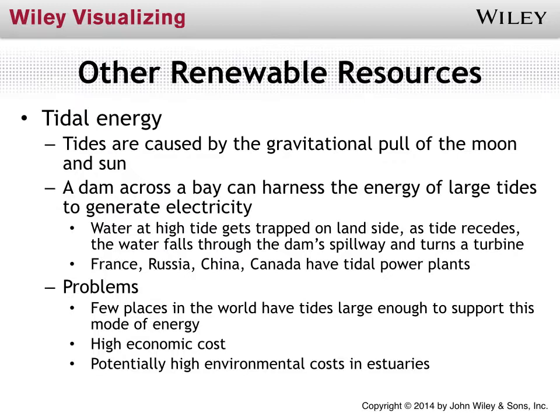A dam out in the bay of an ocean, imagine you shut the dam so you don't let water go through. As the ocean is going to high tide, once it reaches its maximum level outside of the bay, then you open up the dam, the water flows into the bay through the dam, spinning turbines, making electricity.